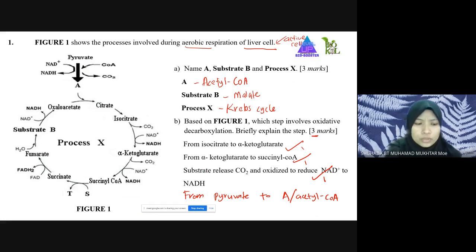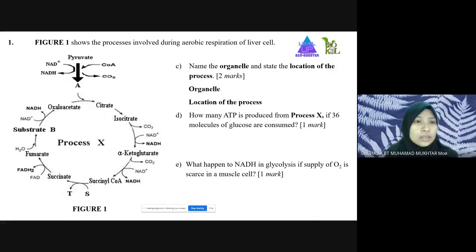Next soalan. Name the organelle and state the location of the process. So organelle involved ialah mitochondria. Location of the process ialah matrix of mitochondria.